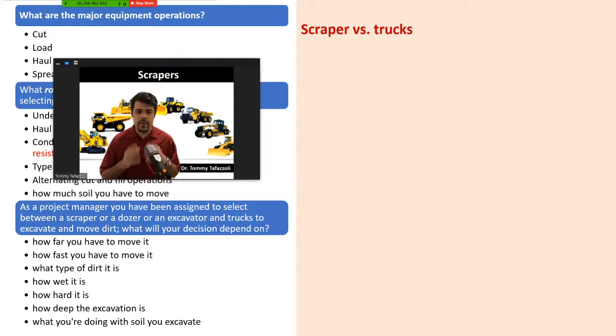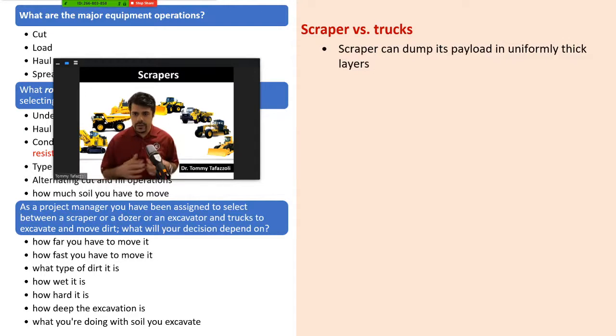Now, let's look at the right part. We want to compare scraper and truck. Scrapers can dump their payload in uniformly thick layers. Uniformity is important here because it enables compaction and then finishing the operation.